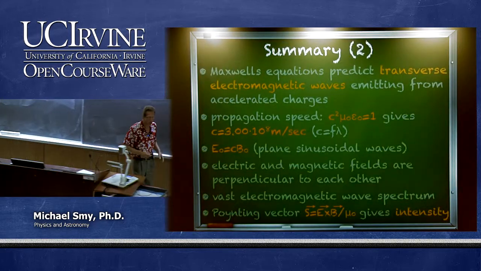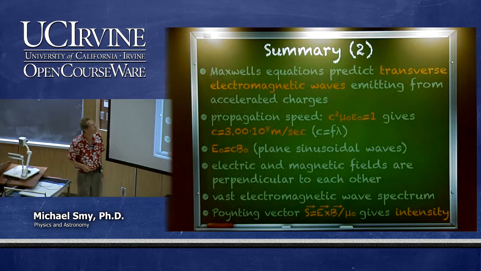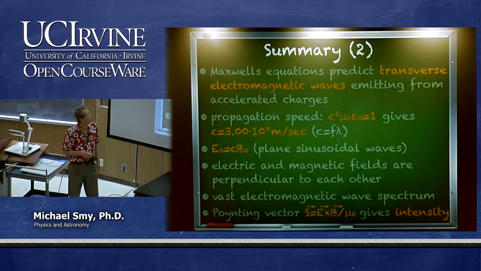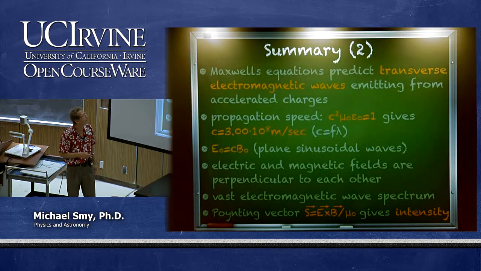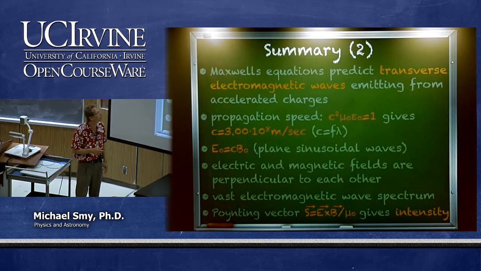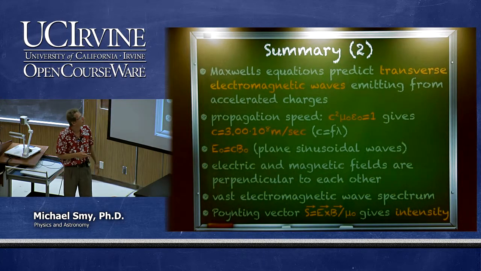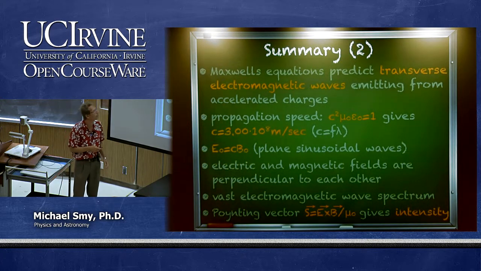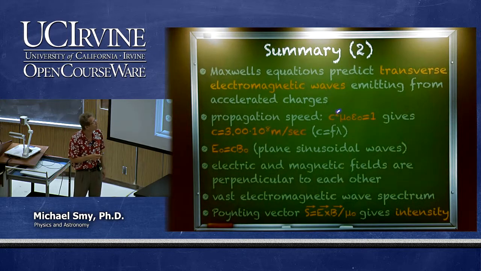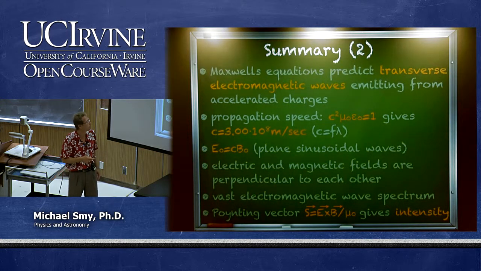Then a consequence of Maxwell's equations is that there ought to be transverse electromagnetic waves which are emitted from charges if these charges are accelerated. And the propagation speed should be given by this equation: if you multiply c squared with mu naught and epsilon naught, this should be equal to 1.